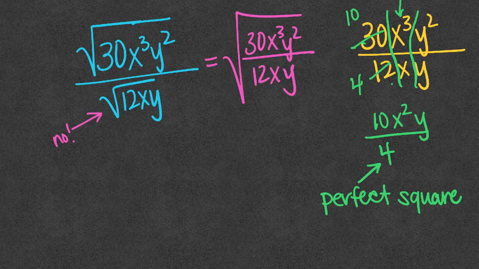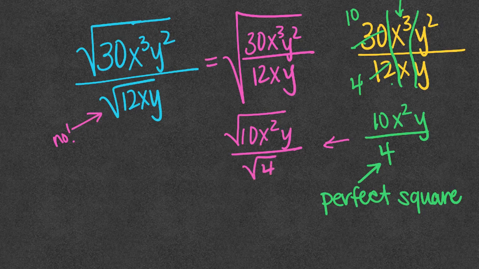Okay, so now let's take it back to where it needs to be. So this is the square root of 10x squared y over the square root of 4. Okay, and now what we can do is we can go through our properties to kind of find the perfect square. So 10 doesn't have any perfect squares in it, but x squared does.